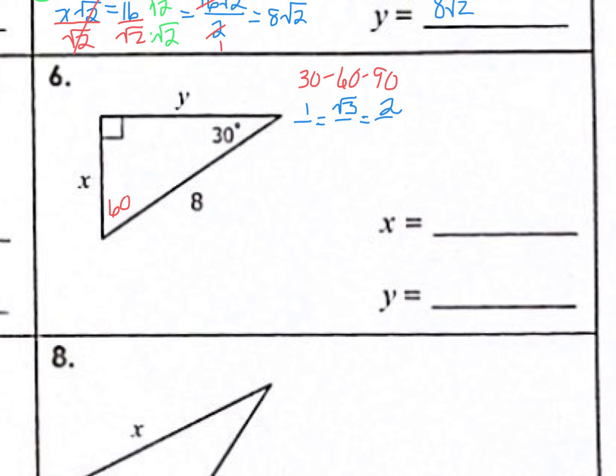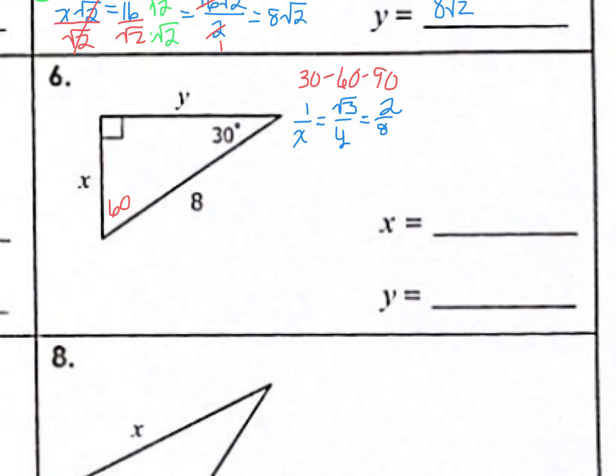And then just like we did with the 45, 45s, we're going to look to see what's across from each of these angles. So across from the 30 is x. Now in this triangle, the legs are not the same because the angle measures across from those legs are not the same. And then across from the 60 is y. And across from the 90 is 8.